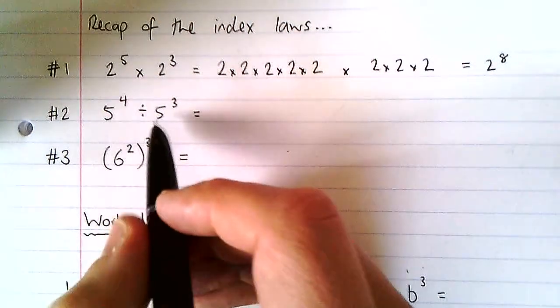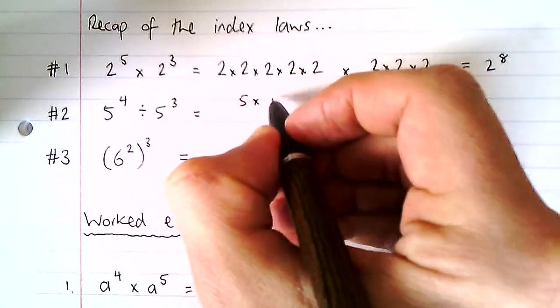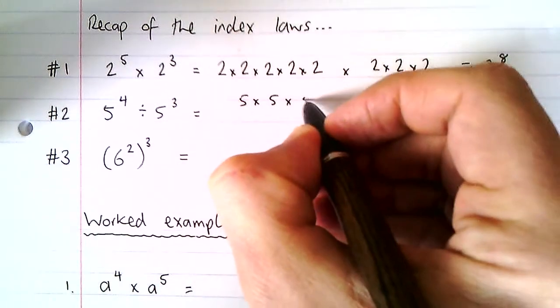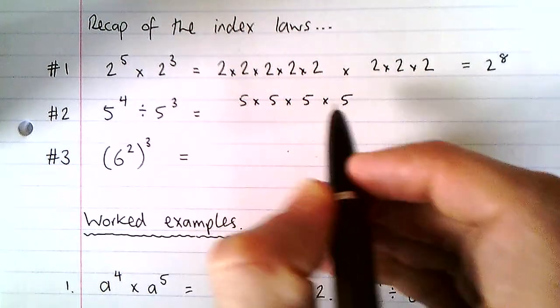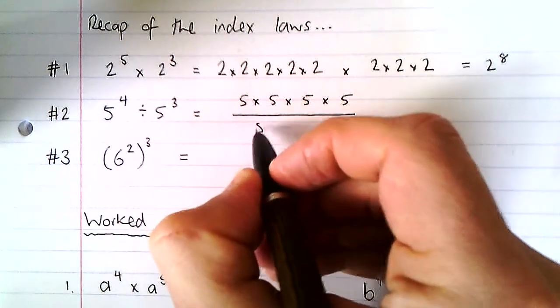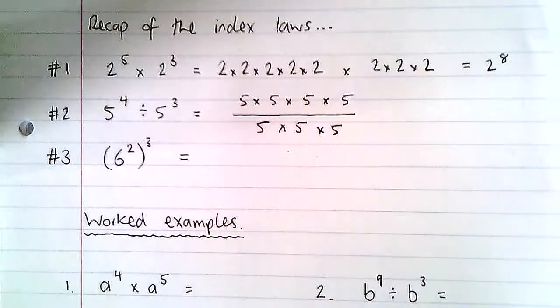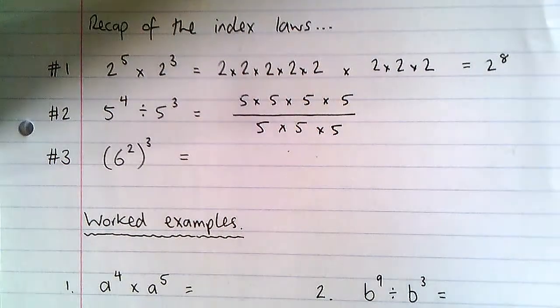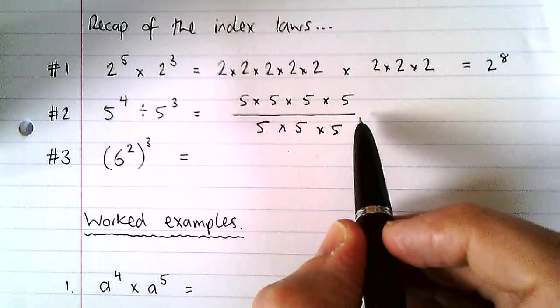Same works here for division. So I'm going to write 5 out 4 times. So 5 multiplied by 5 multiplied by 5 multiplied by 5. So that's 4 of them. And then I'm dividing this by 5 multiplied by 5 multiplied by 5. Now you should see here that I've written the division as this line instead.